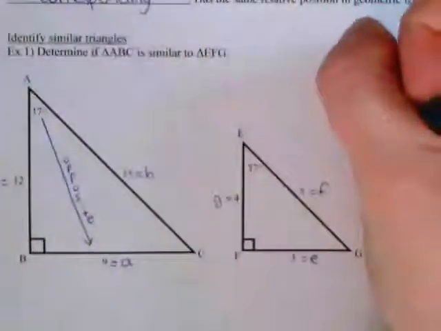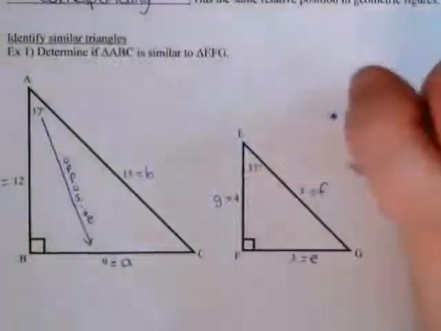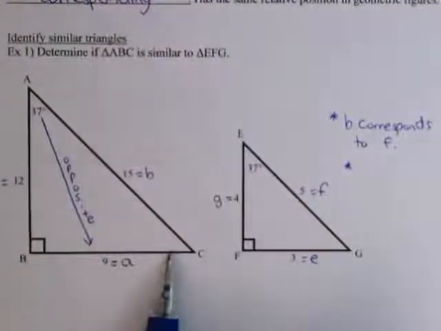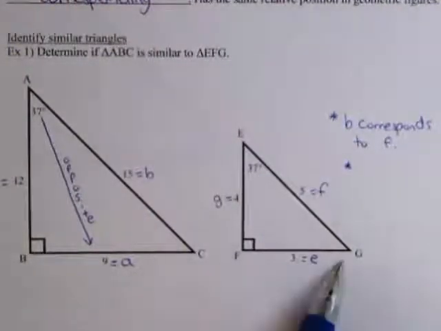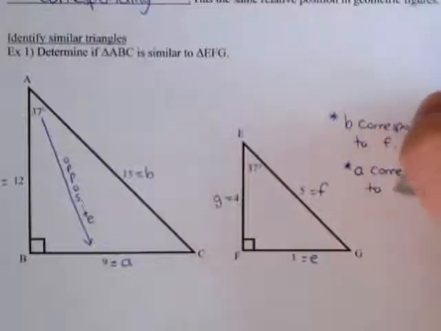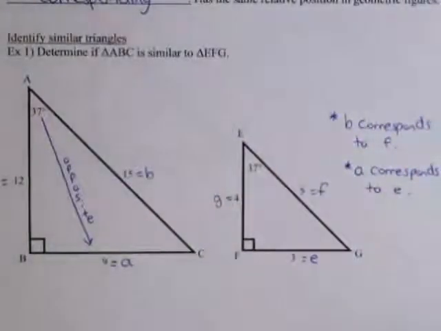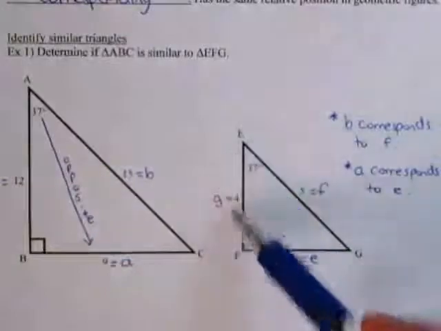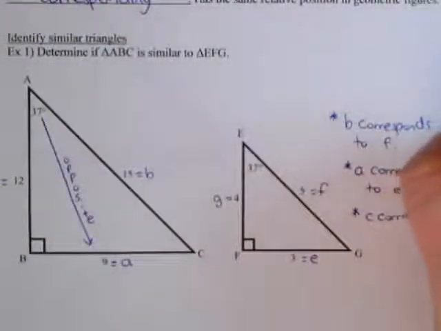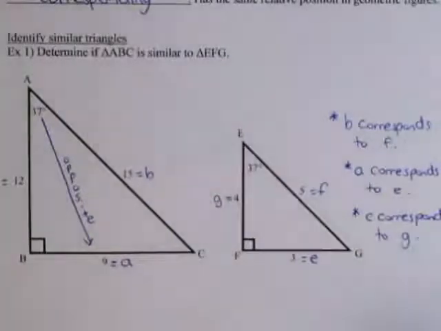Then we have that a is a horizontal one, so we look for the horizontal one over here, which is e. So a corresponds to e. And lastly, we have our vertical sides, so c corresponds to g. Quick little reminder, corresponds means that they're in the same place on both triangles.